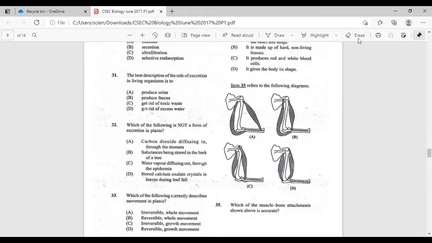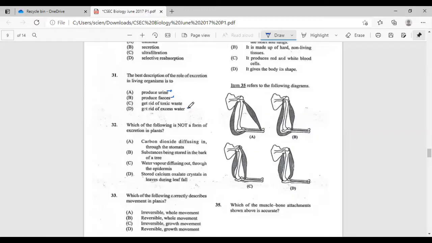So now if we were to look at this and try to eliminate, we would realize that because excretion is removal of metabolic waste, urine will be out of it because excretion is not just the removal of urine, it's not just the removal of feces, and it's not just getting rid of excess water.